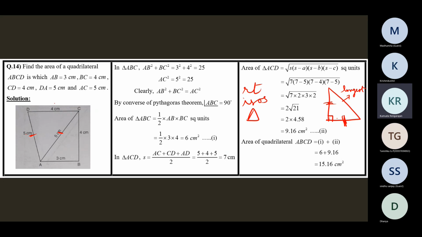I've told you, in a right isosceles triangle, the hypotenuse is called the base. And these two sides, the equal sides, are called the legs. In a right isosceles triangle, the legs are equal. The hypotenuse, which is the longest side, is called the base of the triangle.